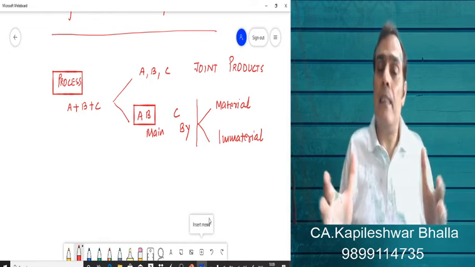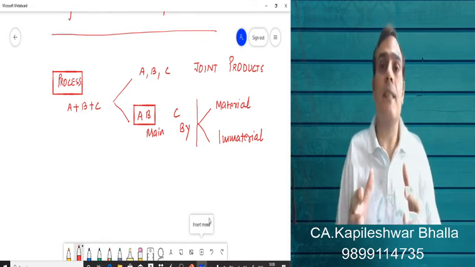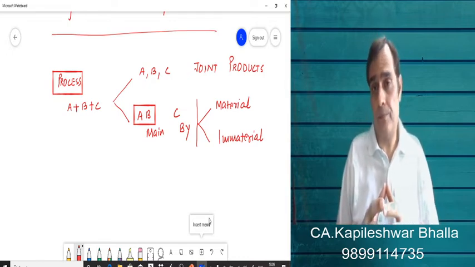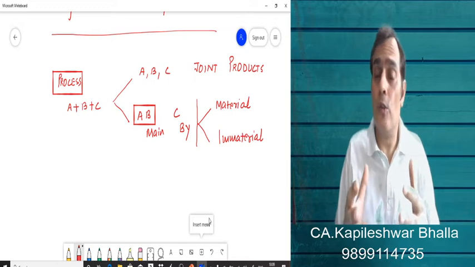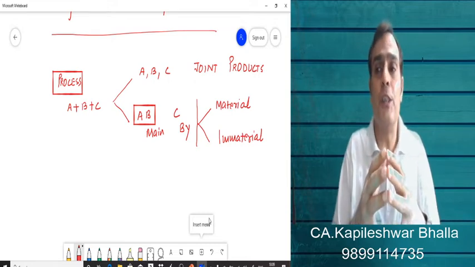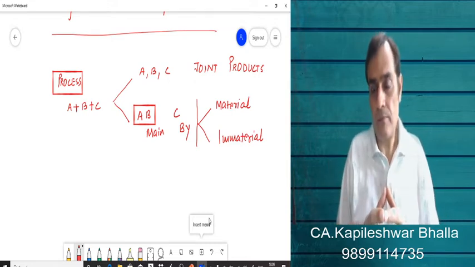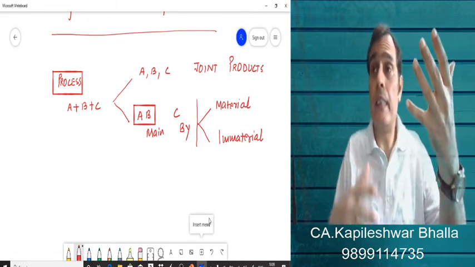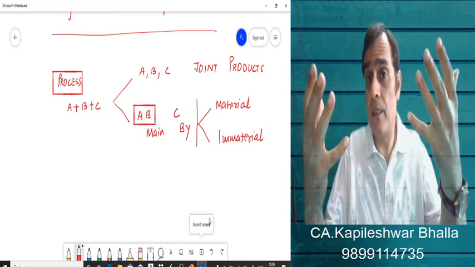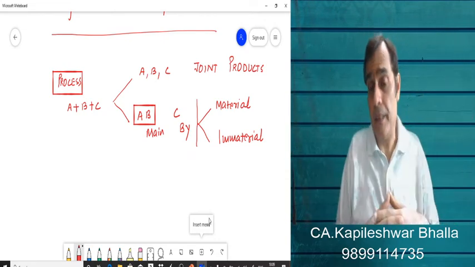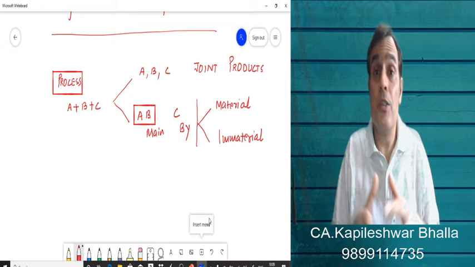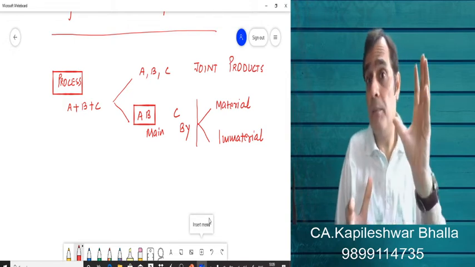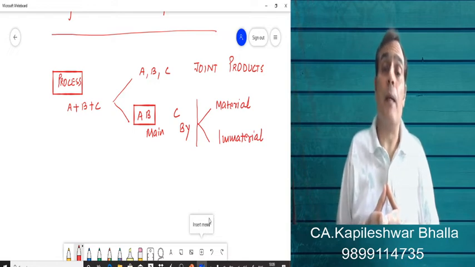When we say that A, B, C are joint products, we say that the economic value of A, B, C is almost equal. So each one has a good economic value, and they are joint products in nature. But when A and B have higher economic value and C is not that high in economic value compared to A and B, then we say A and B are the main products and C is the byproduct.